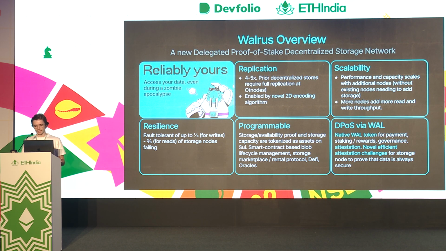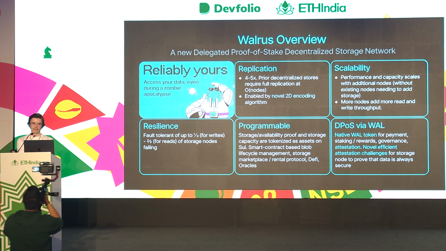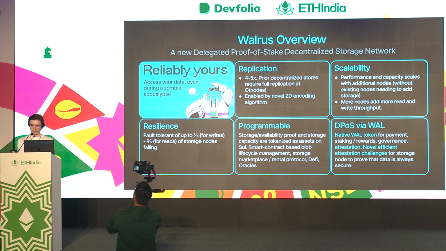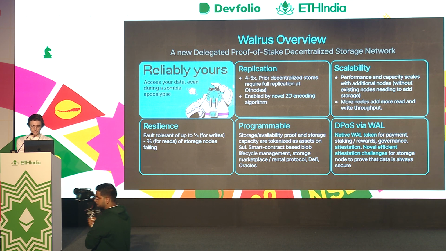You may think that with 4 to 5x replication, where not every node has a full copy of the data, there may be resiliency issues, but this isn't the case. Walrus is very resilient. People can still write to the network even if a third of the nodes are down, and you can read the data you've written even if up to 2/3 of the nodes are down.